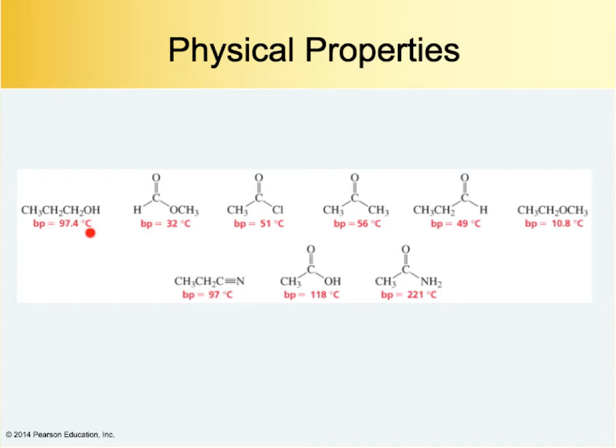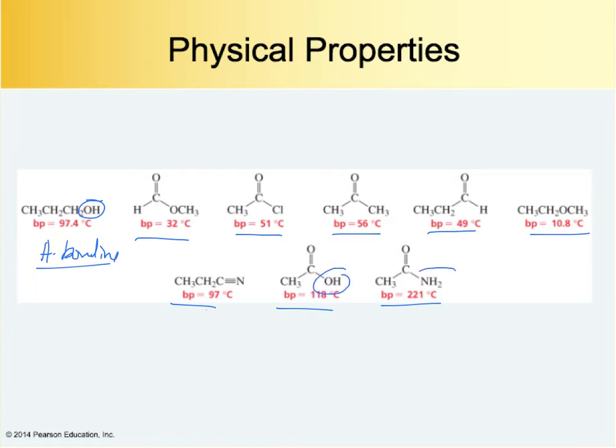So if you look here, alcohol, of course, is really high boiling because of H bonding with itself, that OH. But now if you look at esters and these other ones, there's some interesting things going on too. So I would highlight anything that can do hydrogen bonding. Carboxylic acid and its amide with NHs have super high boiling points.